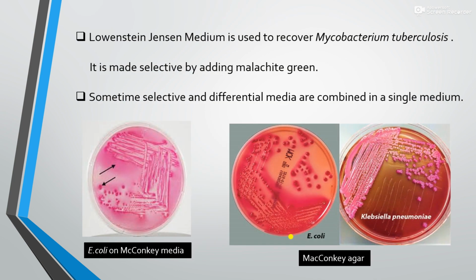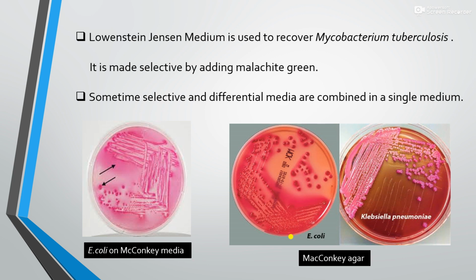Other media are also there, such as Lowenstein-Jensen media. This media is made selective by adding malachite green. It is actually a dye. Malachite green is also used as a dye in the silk, leather, paper industry, etc., and is also used as an inhibitor and pH regulator in Lowenstein-Jensen media.